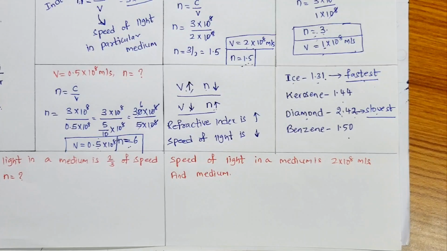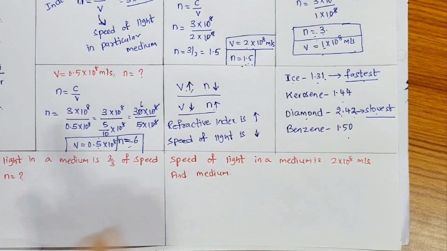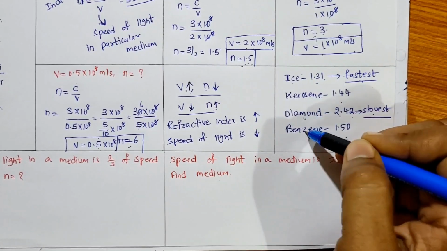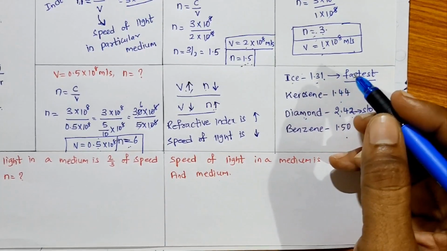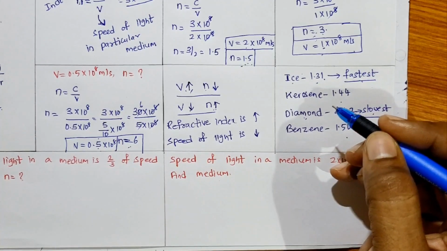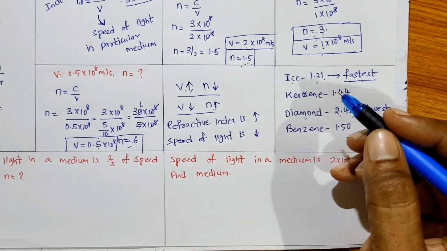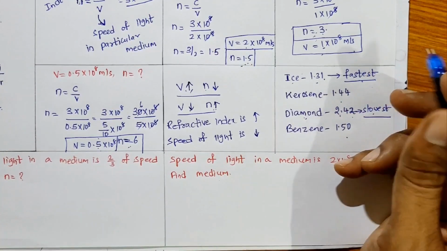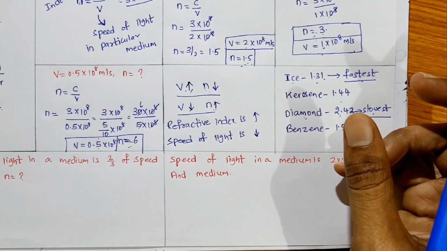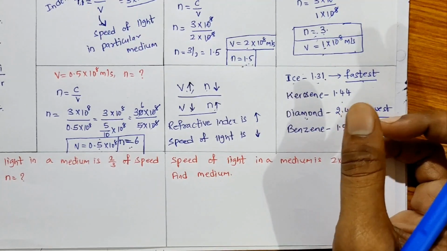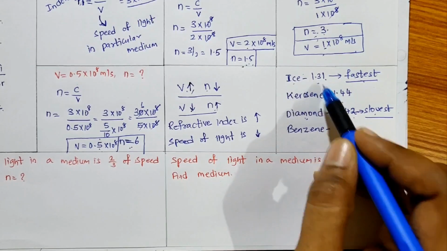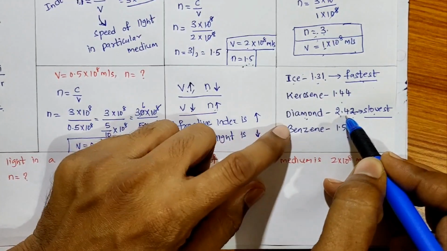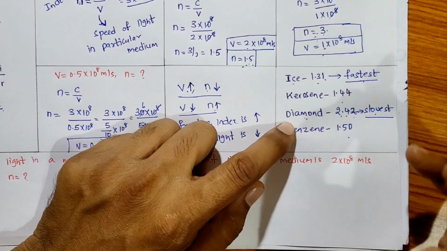Now in the same question, whose optical density is more? In these four mediums, whose optical density is more? When the speed of light is very less, then optical density will be more. In optically denser medium, light cannot travel faster. So, whose refractive index is more, their optical density will be more.